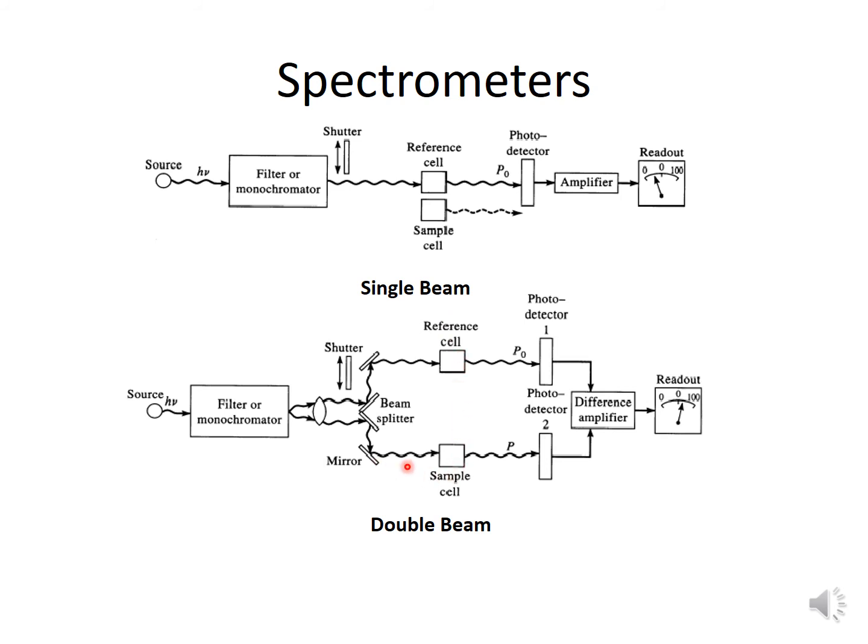It means the light passes through the sample cell and also the reference cell at the same time. So both will produce P naught and also P. Here you will have the photodetector, the same photodetector, only for the double beam it will have two photodetectors, and then it will go to the amplifier and give you the readout. And here also it will go through the amplifier and then read out.